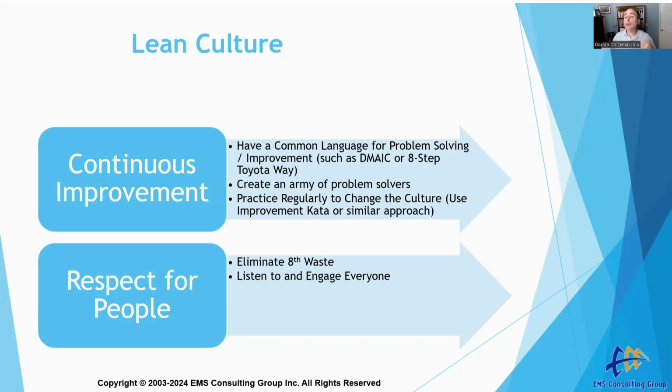And we use that to create sort of an army of problem solvers. Alongside that, we also need to be practicing it. The idea is if we practice problem solving regularly, we're exercising that problem solving muscle, and we are creating the habit of problem solving. And that actually changes the culture.